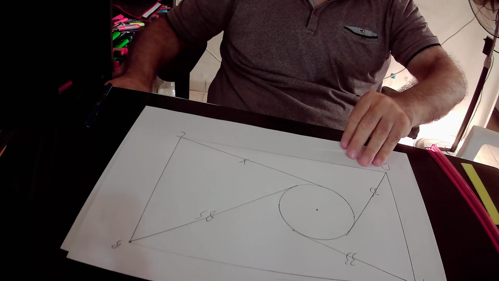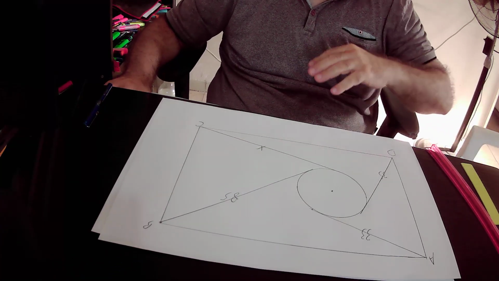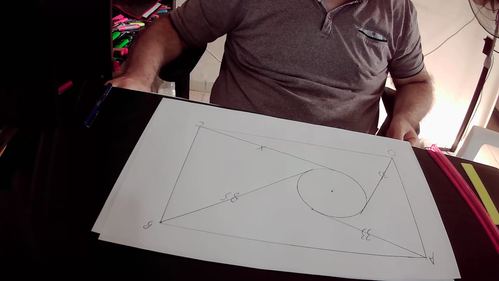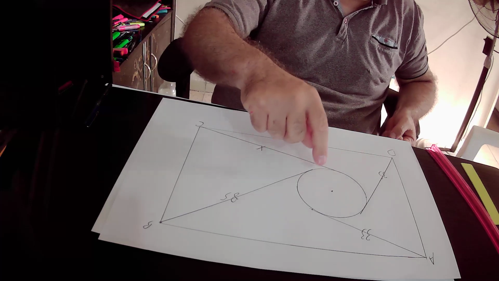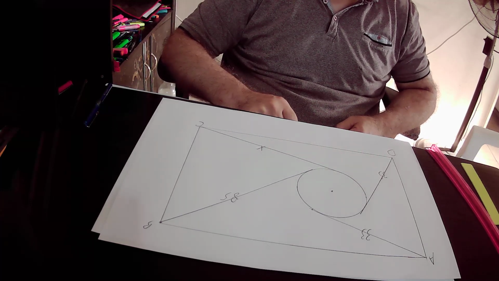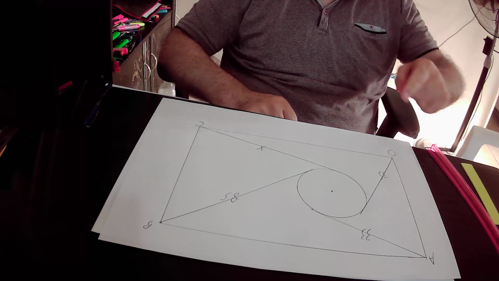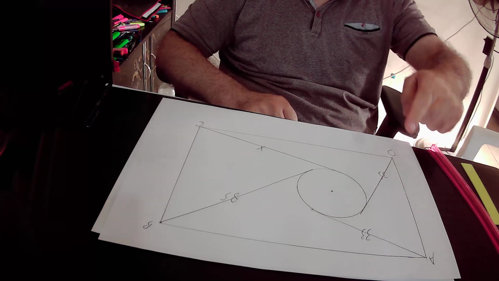In the drawing, we have rectangle ABCD. We know that inside rectangle ABCD we have a circle, and we know that the length of the tangent from point A to this circle is 33 units.